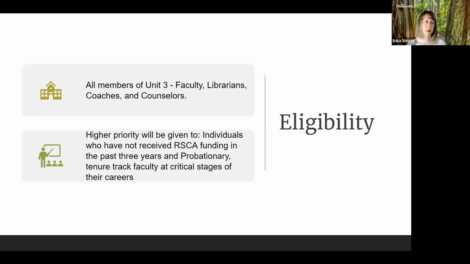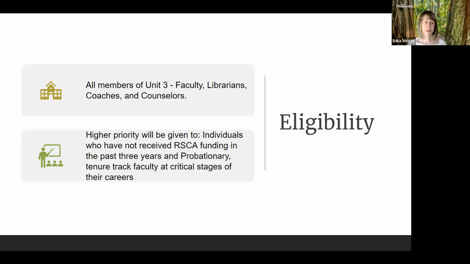The first thing to think about is whether or not you're eligible for this opportunity. So RSCA funding is available to all members of Unit 3, so all faculty, librarians, coaches, and counselors. And also note that higher priority will be given to individuals who have not received RSCA funding in the last 3 years, as well as probationary tenure track faculty who are at critical stages of their careers.